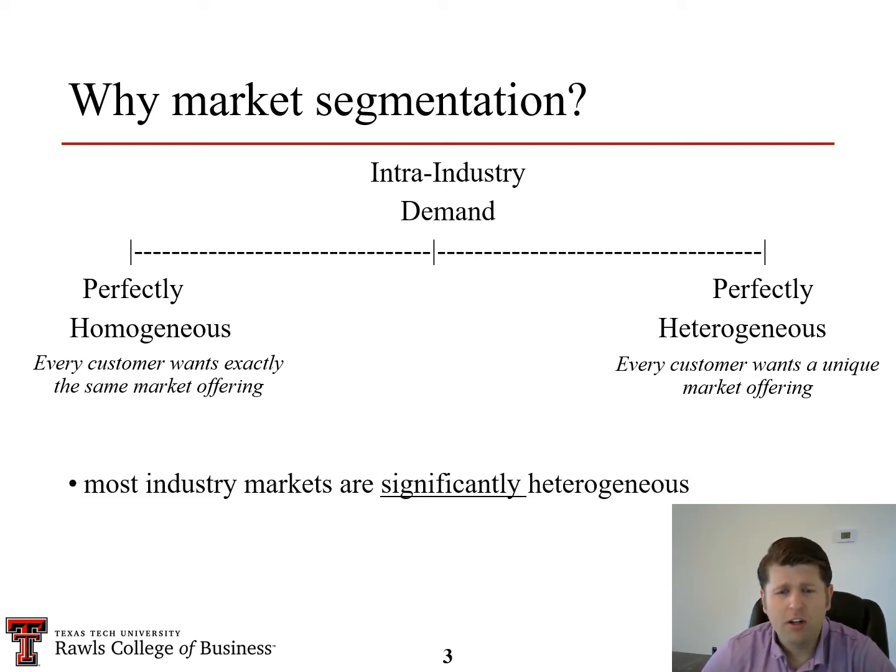It's closer to heterogeneous, but obviously it can't be perfectly heterogeneous because firms are able to provide mass customization or a mass of products that are similar in a particular way.